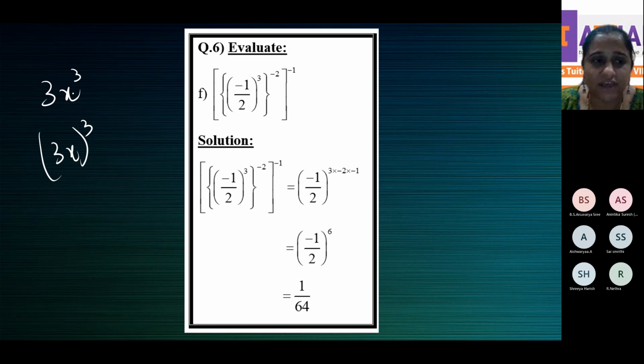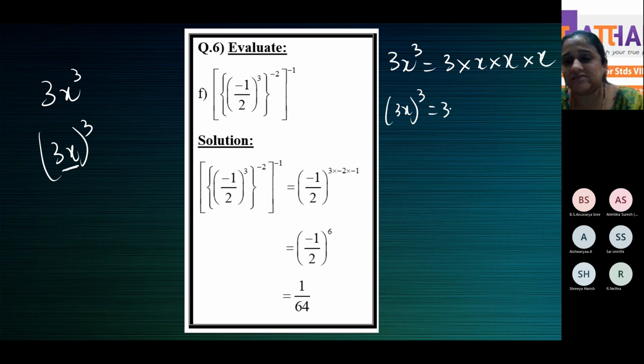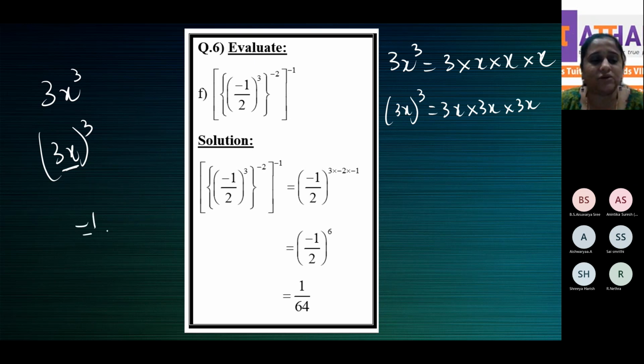If it is for both 3 and x, it is the whole cube like this. 3x cubed means 3 into x into x into x. Only x is multiplied with itself 3 times, while 3x the whole cubed means 3x is multiplied with itself 3 times.